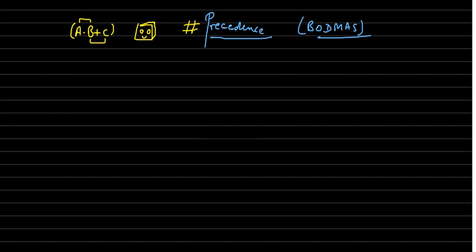To resolve this issue, as digital electronics engineers, we need to figure out the solution. So we made the precedences, and now we are going to learn about them. The first precedence is complement.